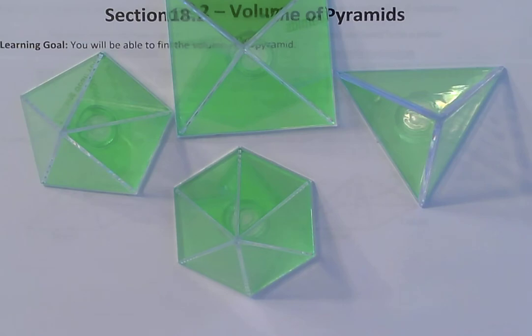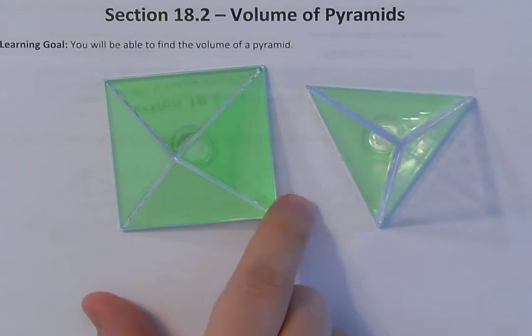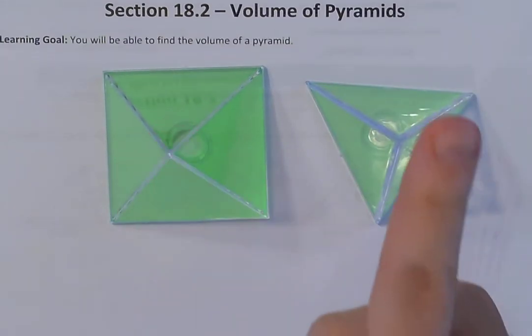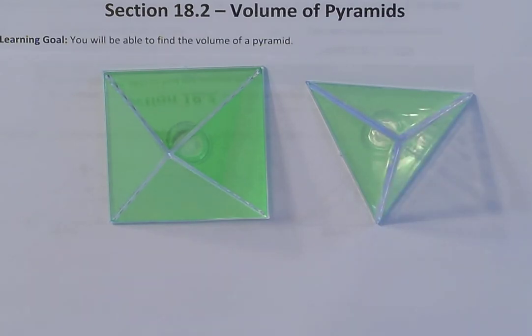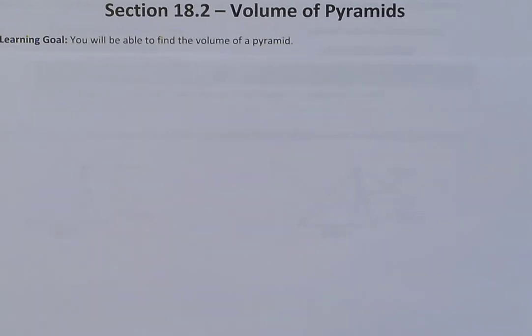So, that is what a pyramid is. Let's talk about how we find the volume of these pyramids. Most of our time is going to be spent on rectangular pyramids and triangular pyramids. So with that said, let's talk about the volume formula for pyramids.